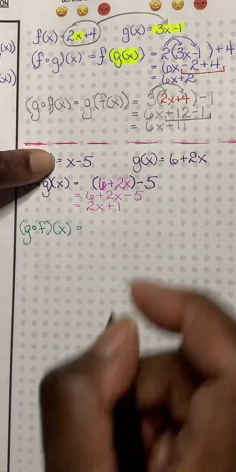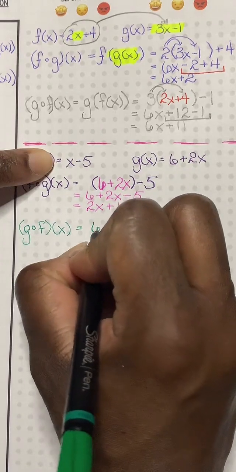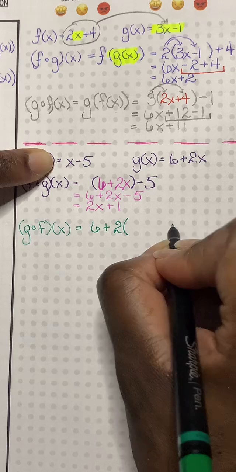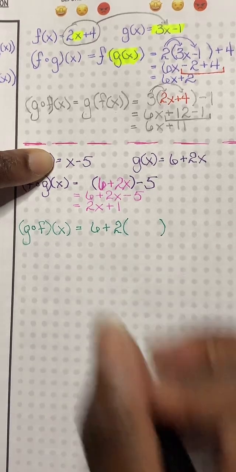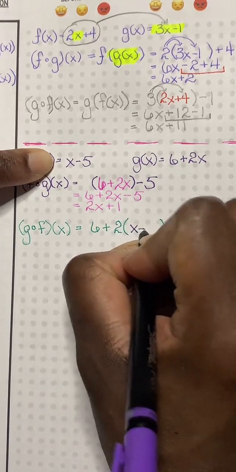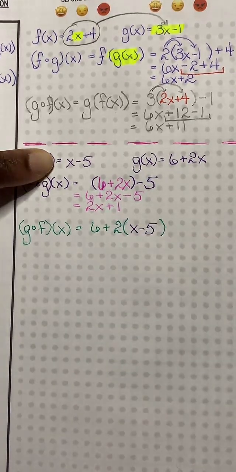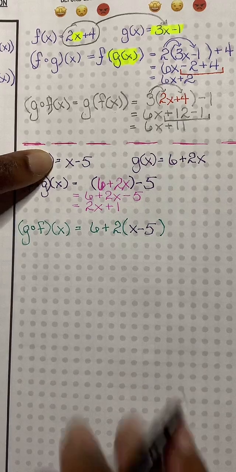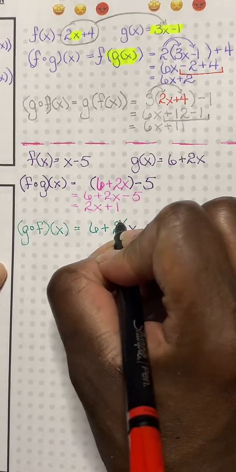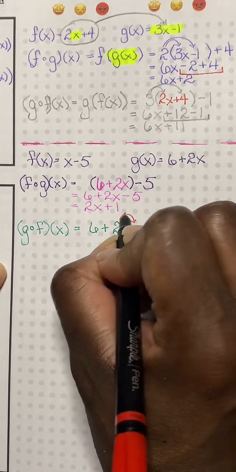So that means we have our 6 plus 2, but instead of an x, we're going to put in our x minus 5. So once we do our substitution, we're going to go right into our distribution.